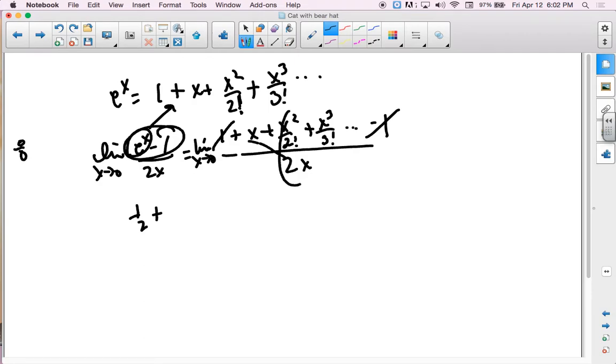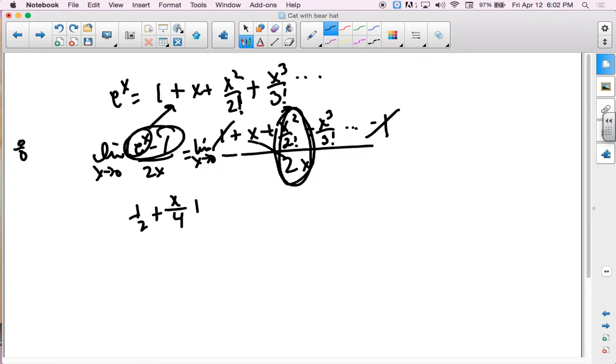This one's going to leave me an x. X goes into x squared x times, and I get 2 times 1 times 2 on the bottom, which is 4.